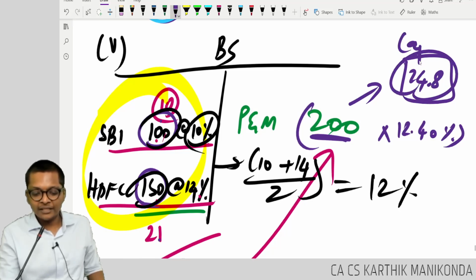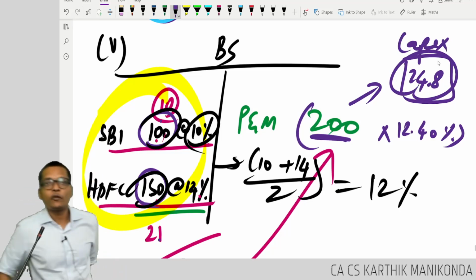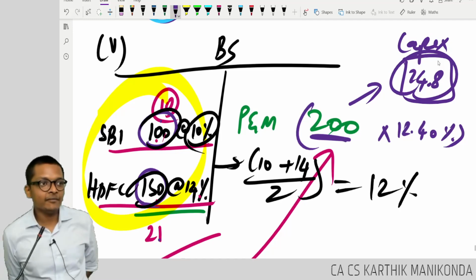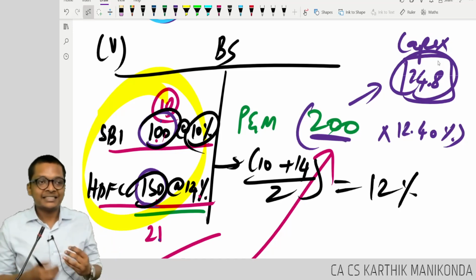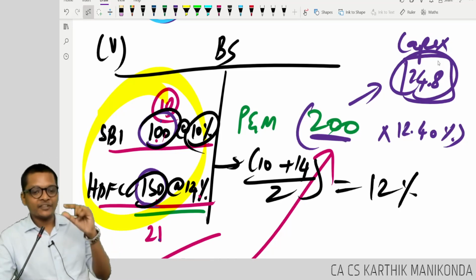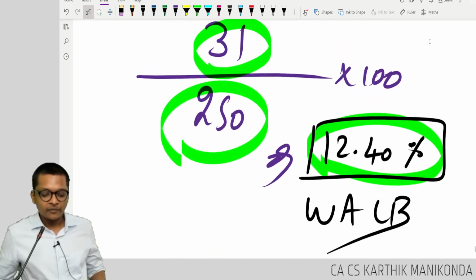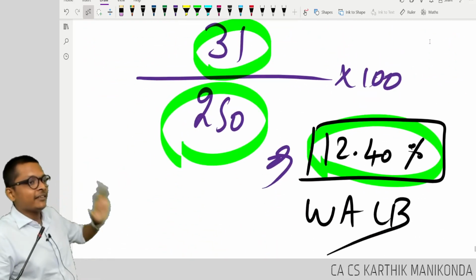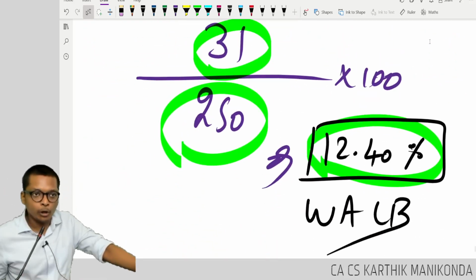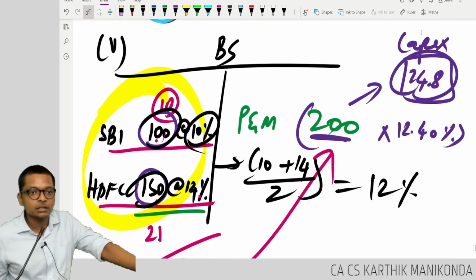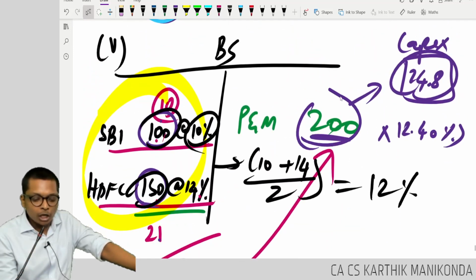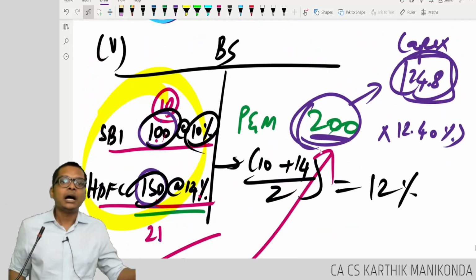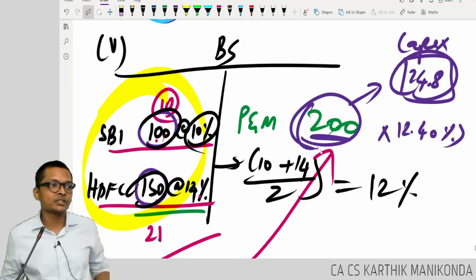This is the amount I will capitalize. Are you following, guys? So if I have general borrowings, the steps are simple. Step 1, find out the weighted average cost of borrowing. Step 2, apply this on the usage on the assets. Simple 2 steps.